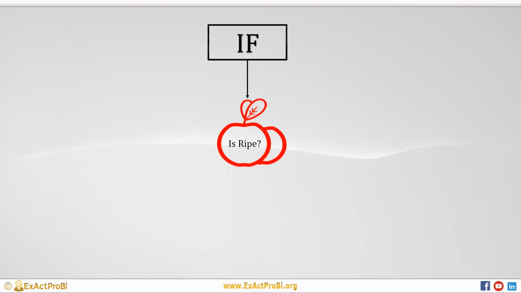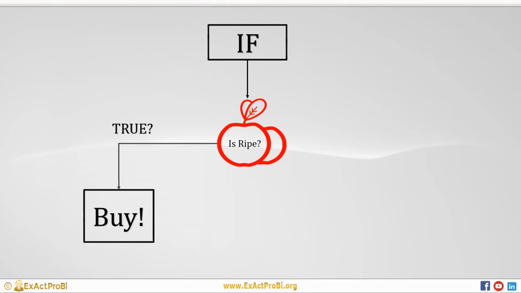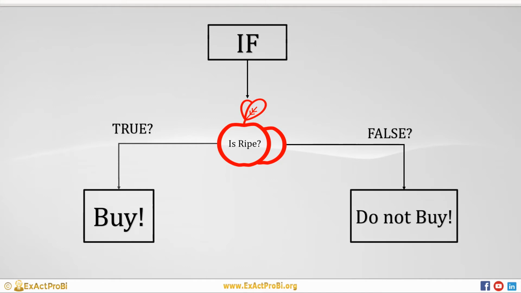Let's see the same example of buying apples with a chart. So if the apple is ripe, if that is true, we're going to buy it. But if it is not ripe, when the condition is false, we're not going to buy it.